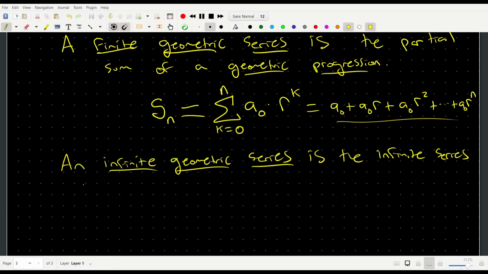So it's the infinite series generated by the infinite geometric progression.